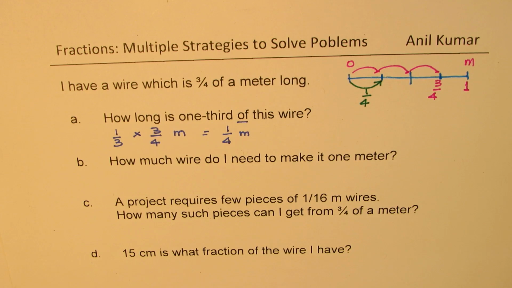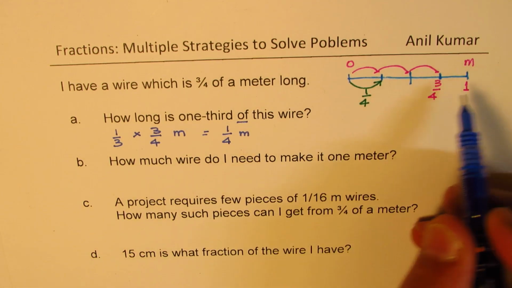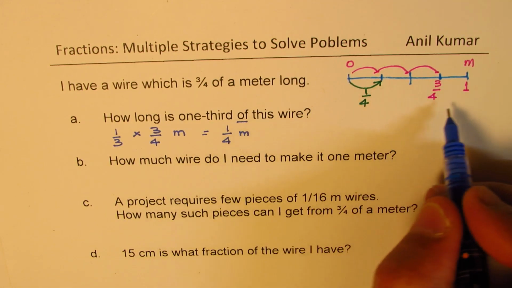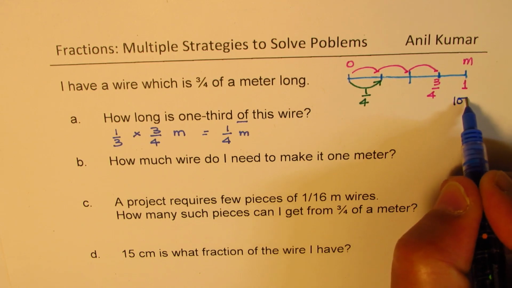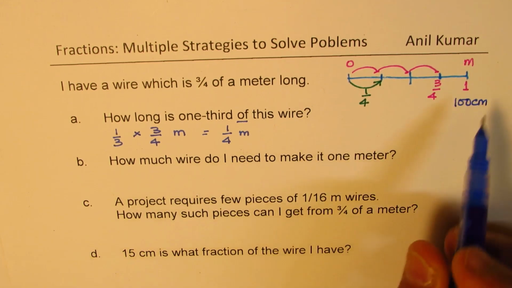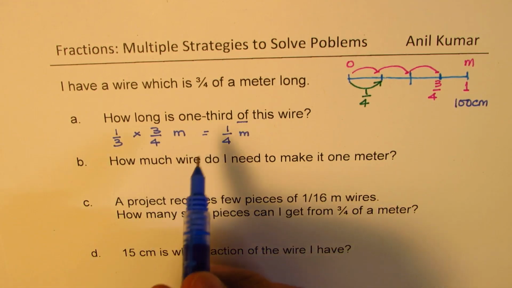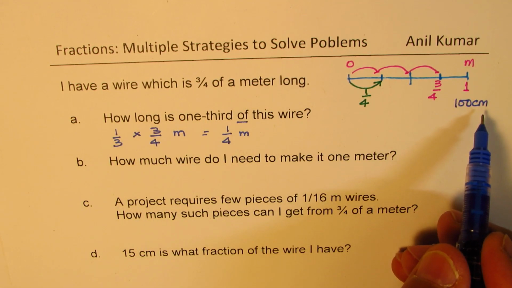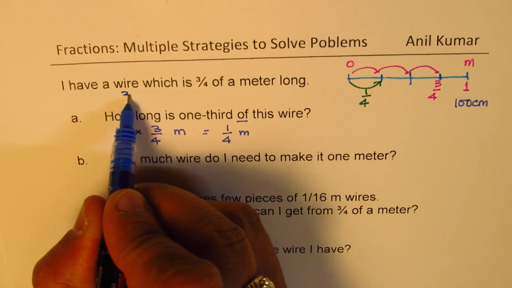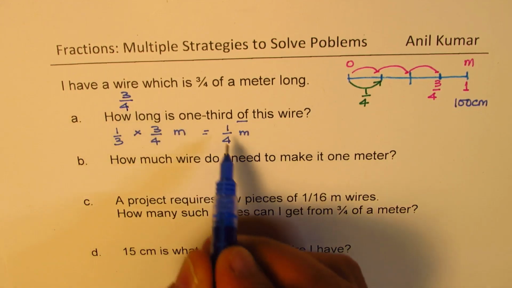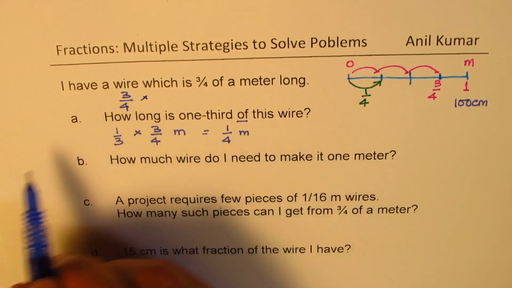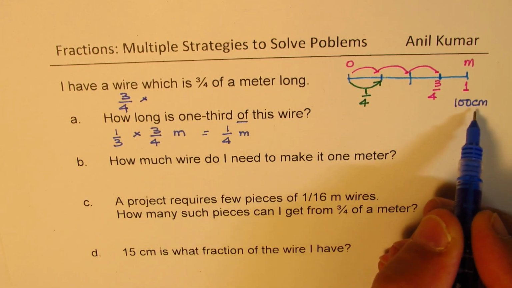Another simpler method is that we know that 1 meter is equal to 100 centimeter, correct? Now when I'm saying 3/4 of a meter, that means how many centimeters? 3/4 of means multiplication. 3/4 of 100.